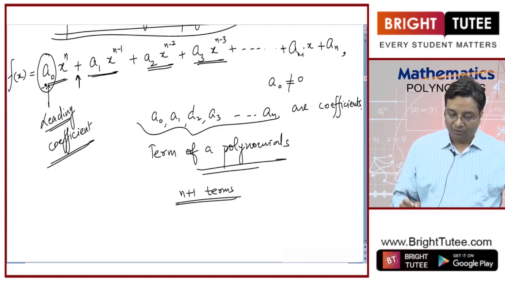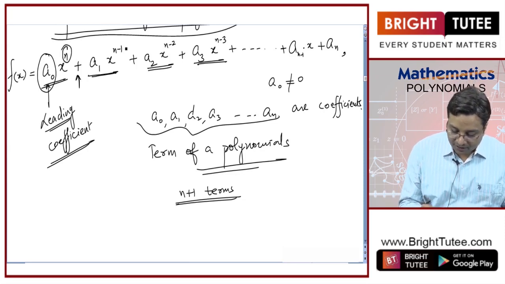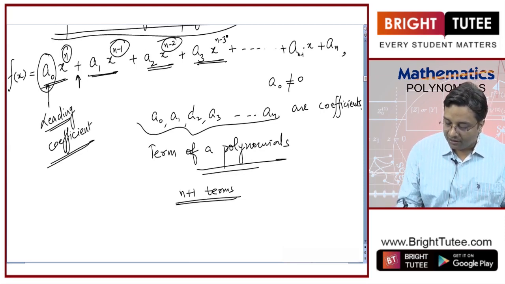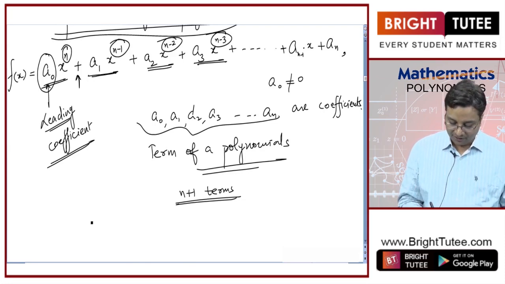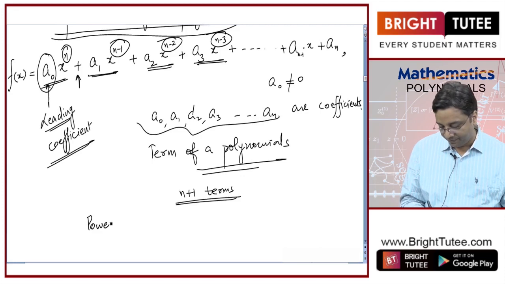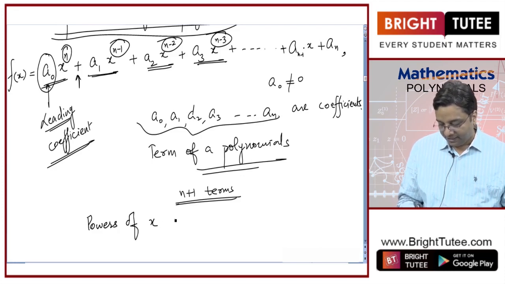I have written this polynomial in a standard form. What is a standard form? Where the powers of x are written in descending order or ascending order. So I have written it in descending order.